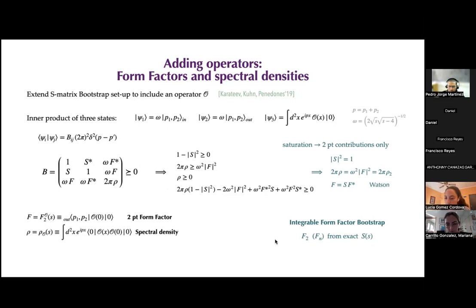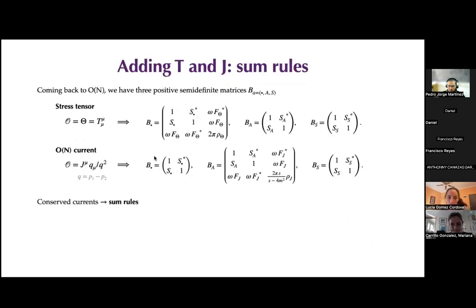There's actually an integrable form factor bootstrap in which you write the two-particle and also the n-particle form factor from the S matrix. So, okay, this will be our new unitarity equation for when you have some operator into the game. So going back to our O(N) setup.